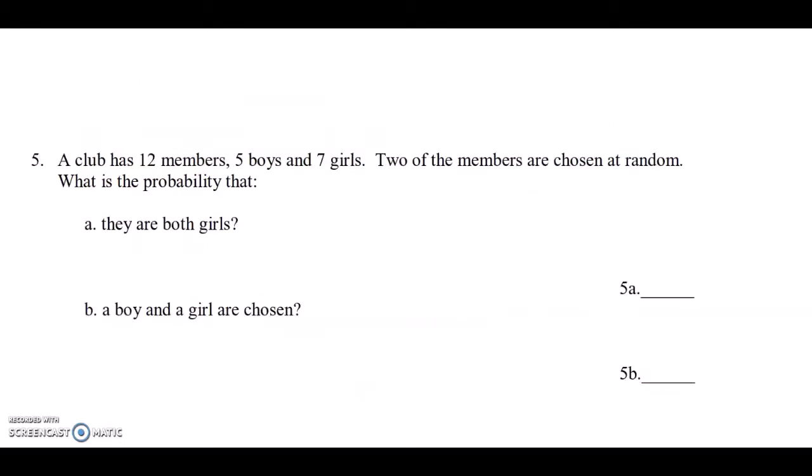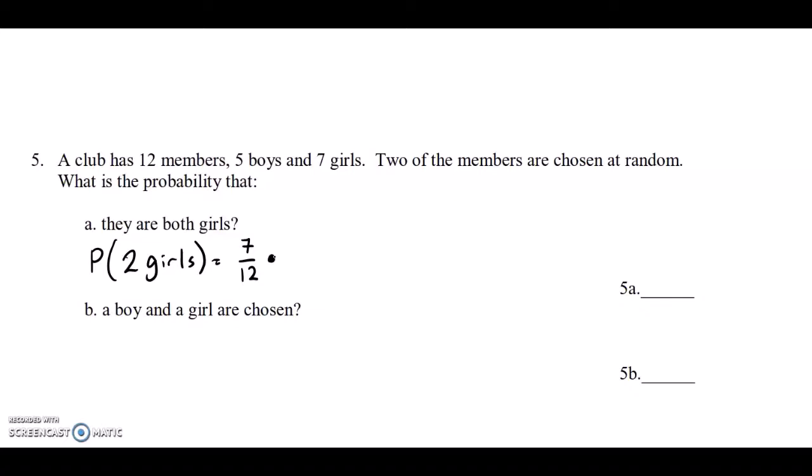In the fifth problem, a club has 12 members, 5 boys and 7 girls. If 2 of the members are chosen at random, what is the probability that they are both girls? So in order to figure out the probability that you get 2 girls, the probability of drawing the first girl is 7 out of the 12. And now we have to draw the second girl.